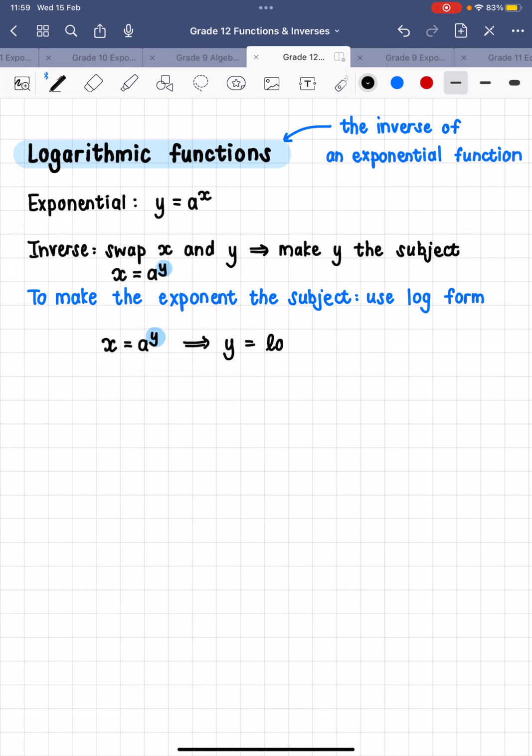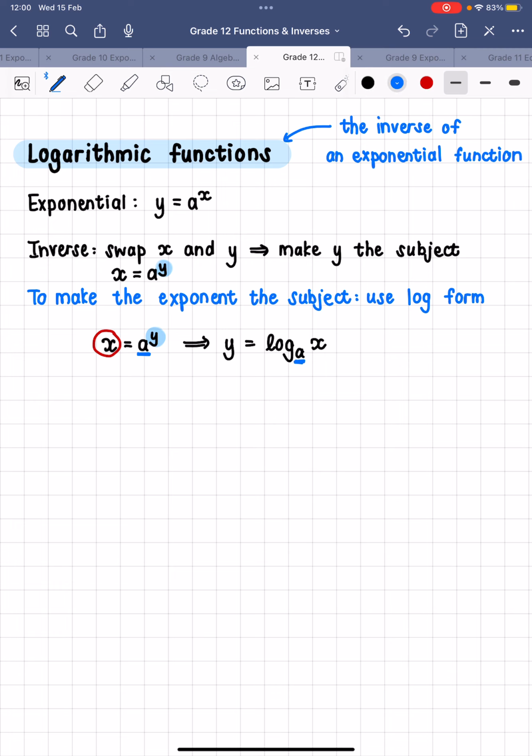Then you're going to write log, and like I said yesterday, you are allowed to use a cursive L like I do, or you can just use a normal L, it doesn't matter. And now, hopefully from yesterday's example, you should remember that the base of the exponent is going to become the base of the log. And we write it as a subscript, just next to the word log. And then what was left in this equation that we have not yet put in our log form, the x. So the x is written just after the log base a.